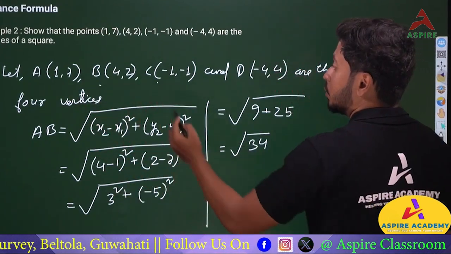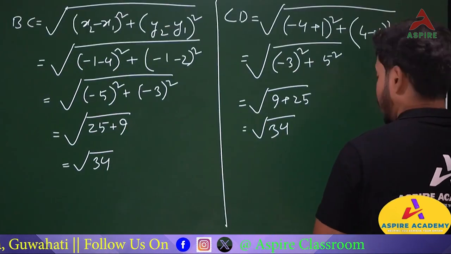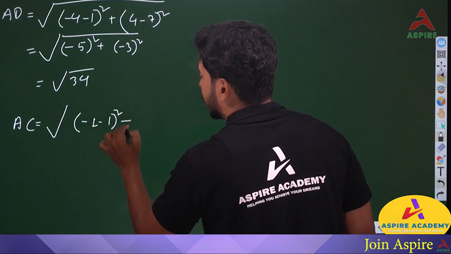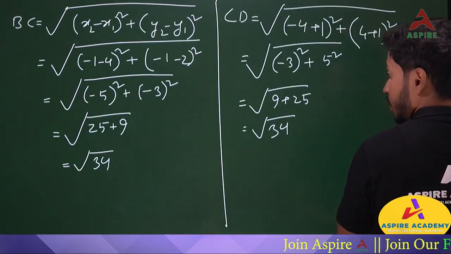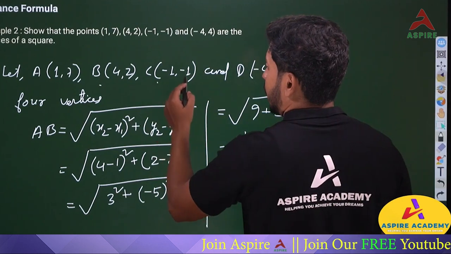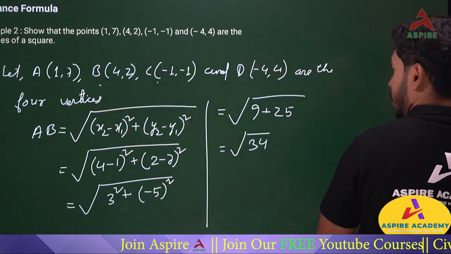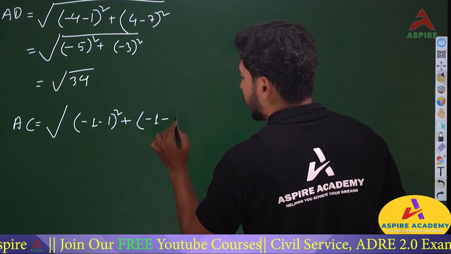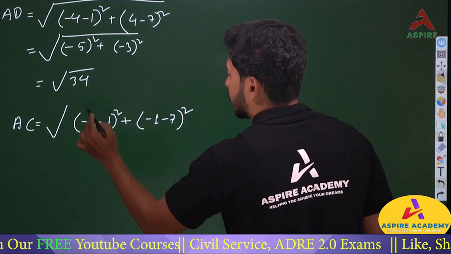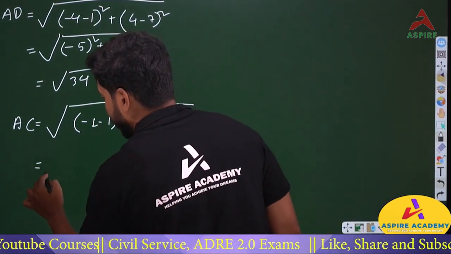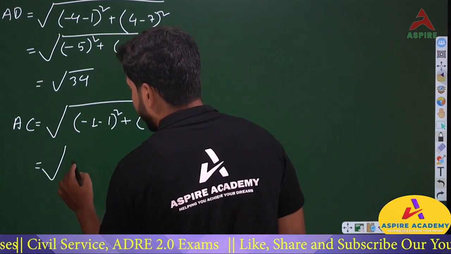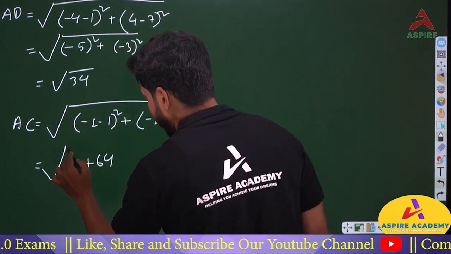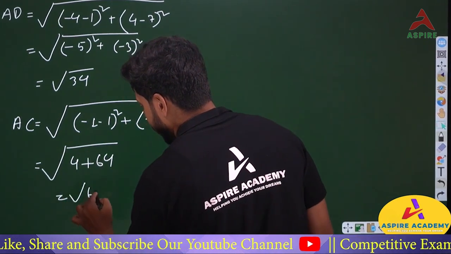A and C. So minus 1 minus 1 whole square plus minus 1 minus 7. So this will be minus 2 whole square, means 4, plus minus 8 whole square, means 64. So it will be root over 68.